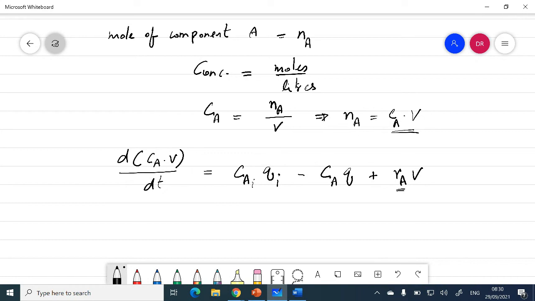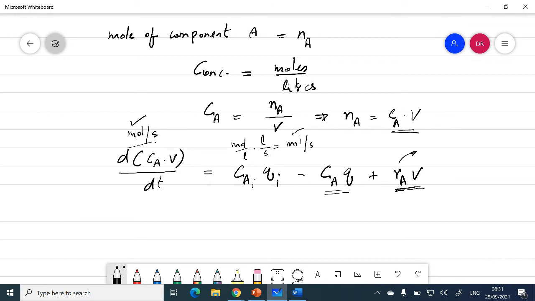If we look at the unit here, this unit is mole per second. This concentration is mole per liter, and the volumetric flow rate is liter per second, so liter will be cancelled out, and the unit will be mole per second. So we have a consistent unit here, and similarly this term has the same unit, mole per second. Let's see the unit of this term.